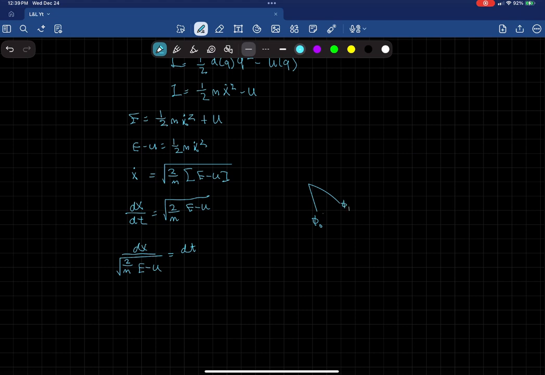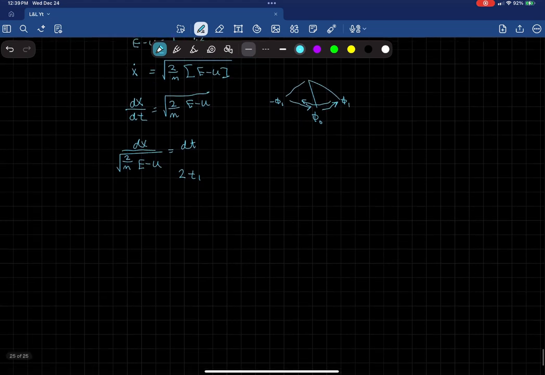We can see that the pendulum will traverse here, and it will traverse back to a negative phi 1, and then back to phi naught. Thus, we get that our period is 2 T1, or 2 times the time it takes to get from phi naught to phi 1. So we can implement that into our integration.